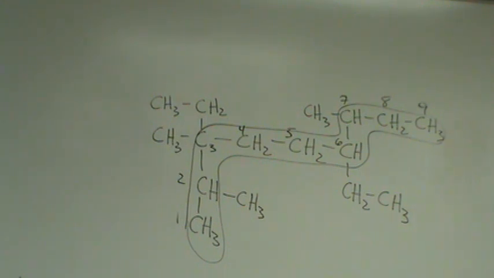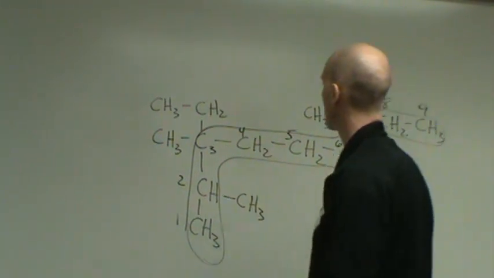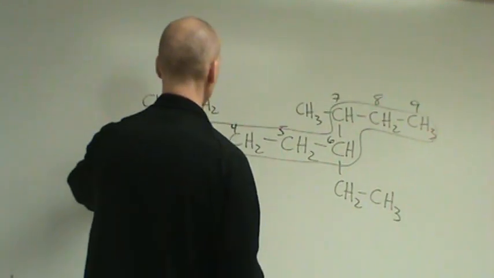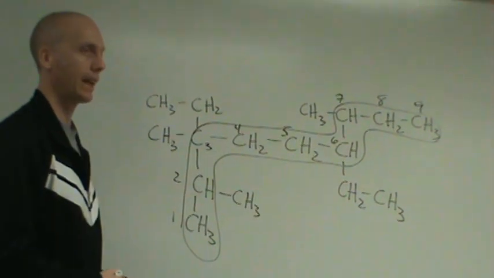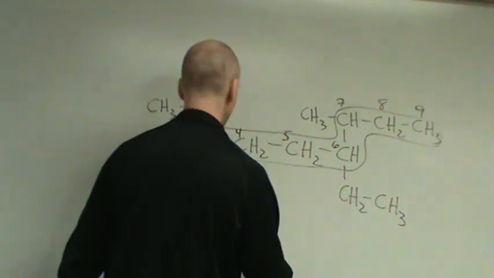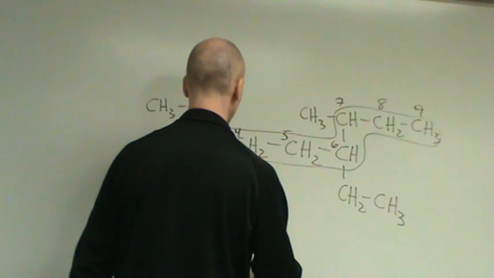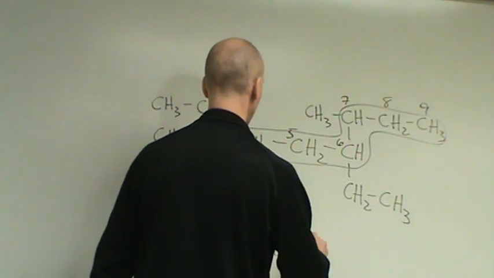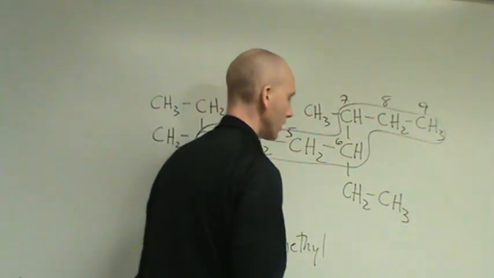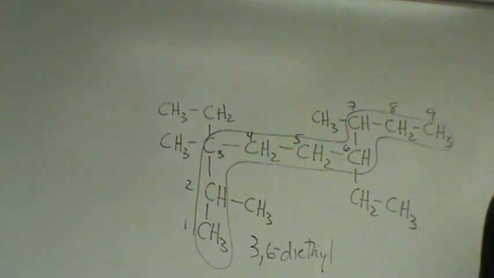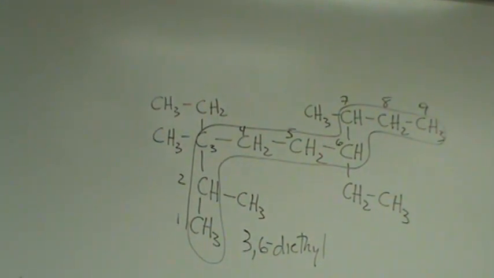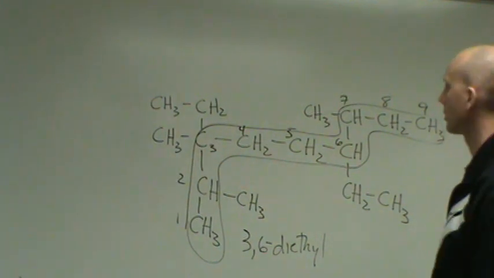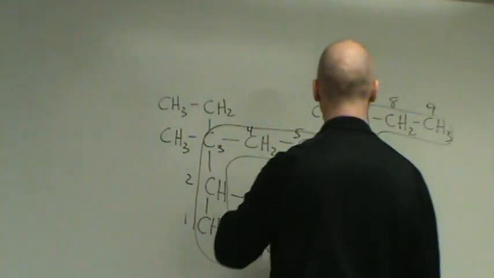Ethyls and methyls. Okay. So our ethyls we'll name first because of the alphabet. They're on 3 and 6. So you get a 3,6 diethyl. And then we have methyls on 2, 3, and 7.